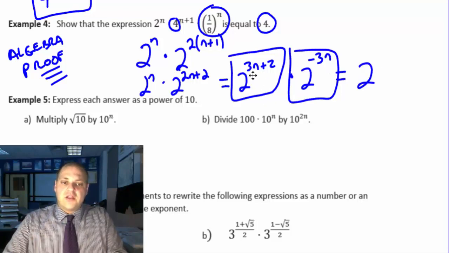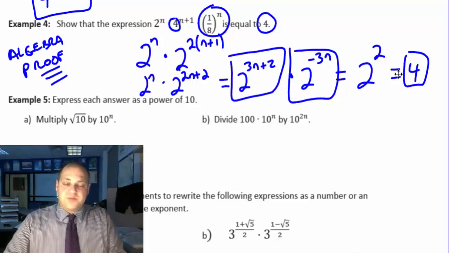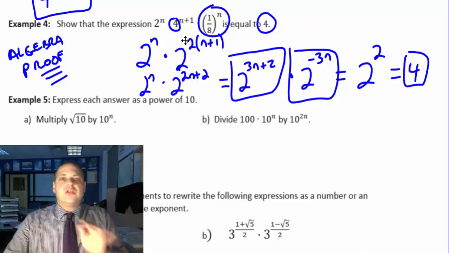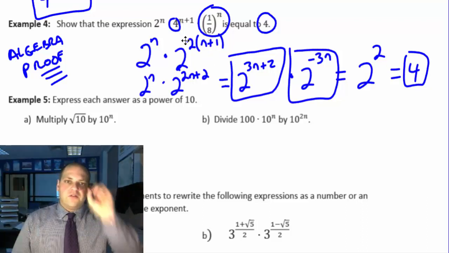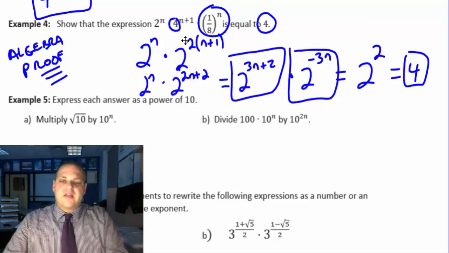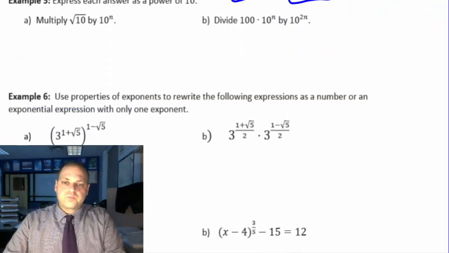I get 2 to the 3n minus 3n is 0, 2 squared, and that comes out to be 4. So what I did is I just proved that all this comes out to just be 4 when you multiply it. I know that was a little bit over your head because we didn't really do the changing of the base with the 4 becoming 2 squared, but that's how you can do that.